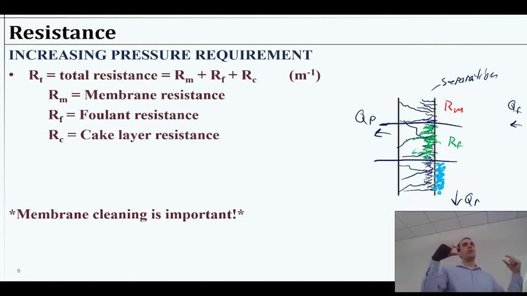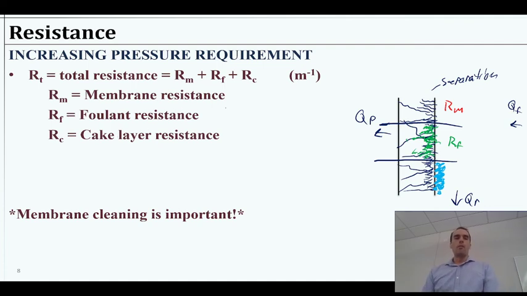And we've got filtration through that cake layer, and that's an entirely different type of resistance to look at. Like I said earlier, there are people that go really, really in depth researching each of these areas and how they affect the physics and how to describe all that with mathematics.